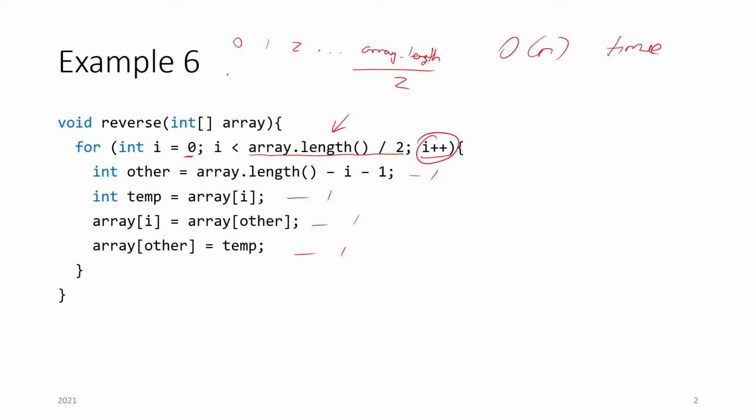If we say the array length, being any value, maps to n, then when we divide this by 2, it's going to be n divided by 2. And we don't really care about this divided by 2 here. We only care about the nature of the scalability of this. So that's why we say it's going to be O of n time here accordingly.